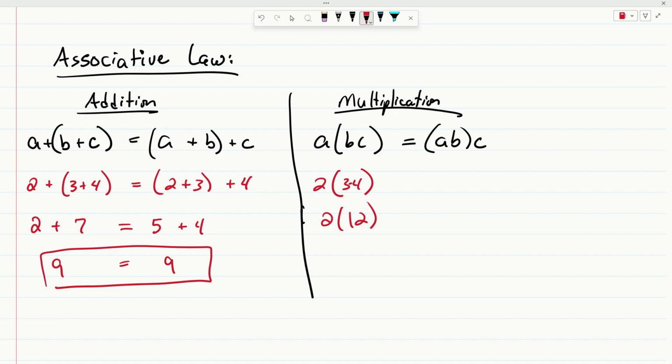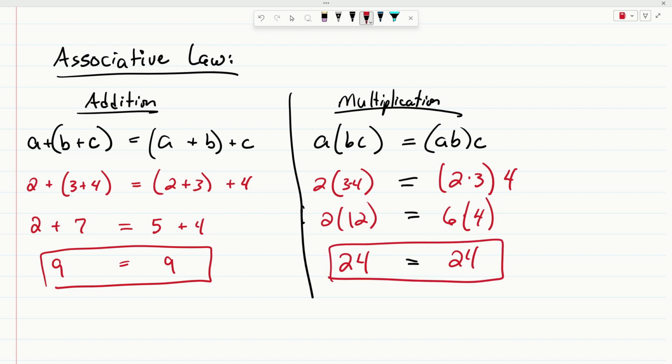And then 2 times 12 is 24. Now, if I did this the other way, let's say we group 2 times 3, then we multiply it by 4. Well, 2 times 3 is 6, and 6 times 4 is still 24. So, those are the associative laws.